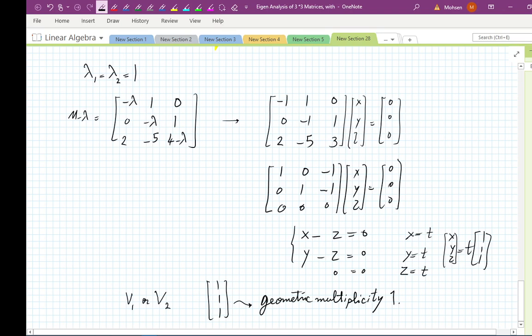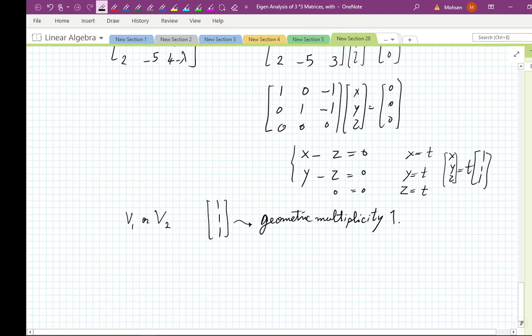Because geometric multiplicity fell short of the algebraic multiplicity, the matrix is called defective. Something is not quite right with it. It doesn't have all the eigenvectors we expect it to have. The original matrix M is defective, or some terminology like that.